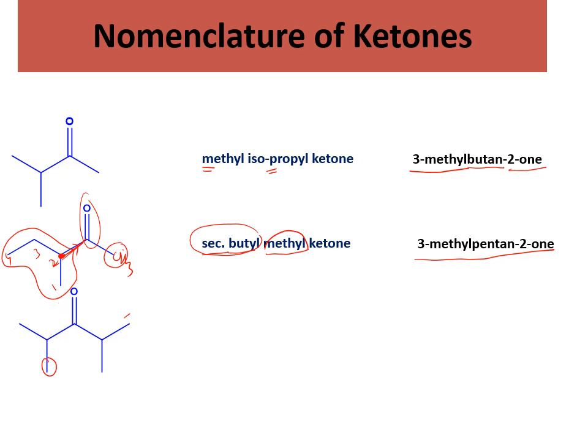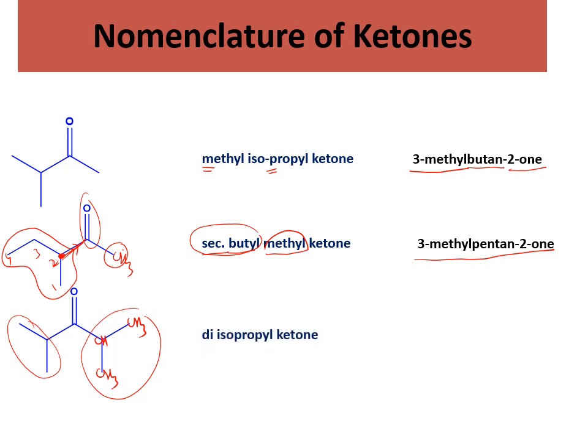So while giving the common name, you can see that the molecule is symmetrical. On both the sides we have the same type of functionalities. So this is the CH3 group, this is the CH group, and this is the CH3. So this group is isopropyl, and of course then this group is also isopropyl.